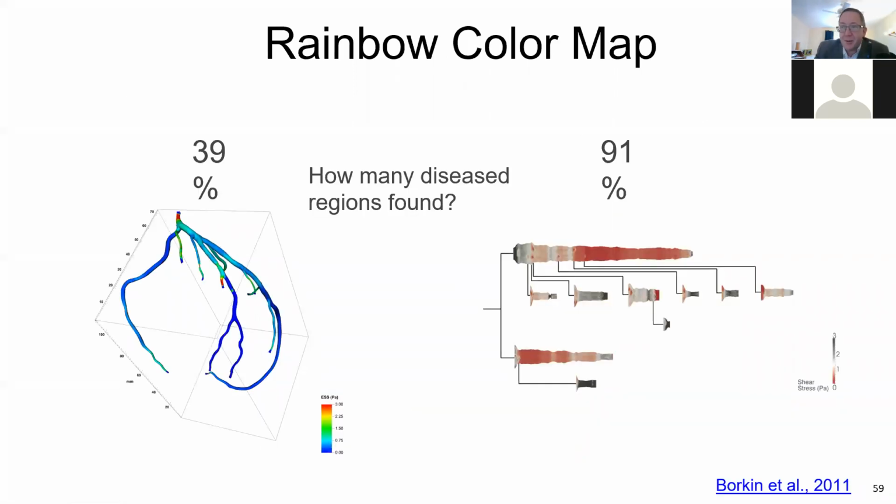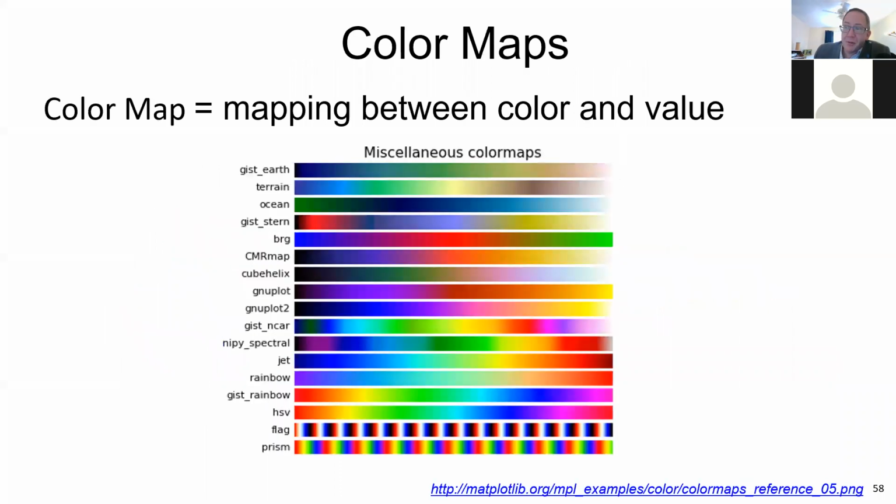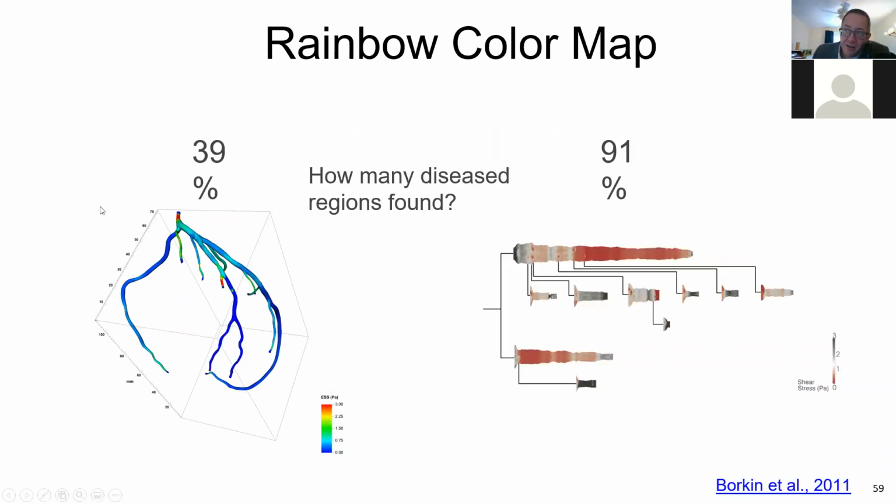But this is what I want to point out. Remember last time around, we were looking at these arteries. I said, here's the rainbow color map, and I did the rainbow color map with a bunch of these arteries laid out like this, flattened. And I said it goes from 39 to 66% or something like that for being able to see problematic areas of the heart.